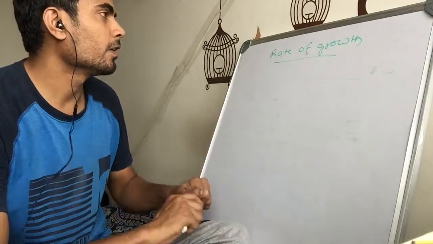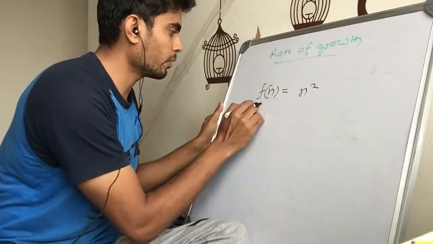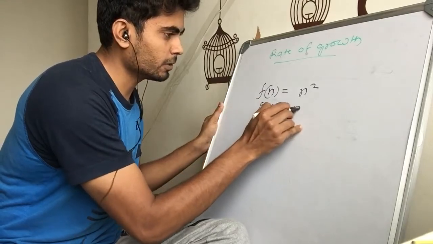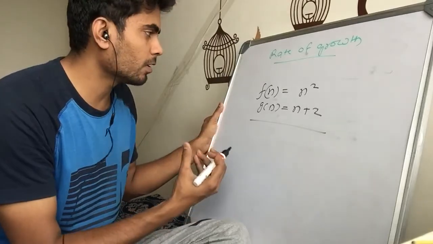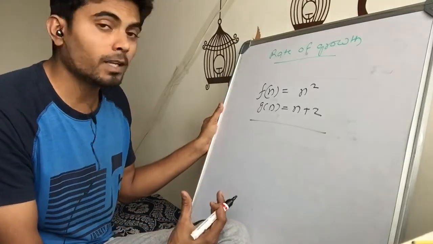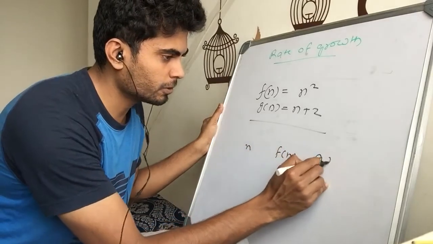Rate of growth. Say f(n) is n square and g(n) is n plus 2. Now you need to understand which function is growing at a higher rate. This is n, this is f(n), and this is g(n).